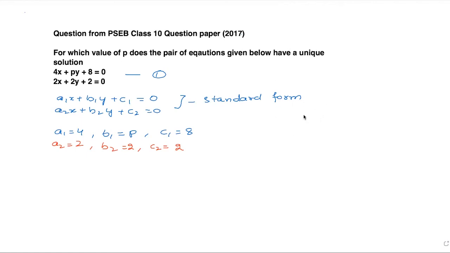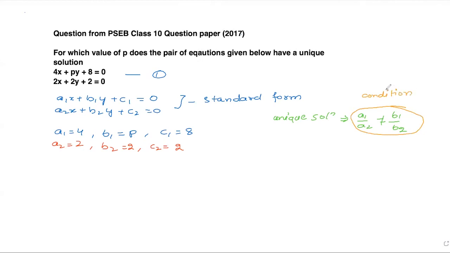One is the unique solution, whose condition is a1 by a2 should not be equal to b1 upon b2. So this is the condition for a unique solution.